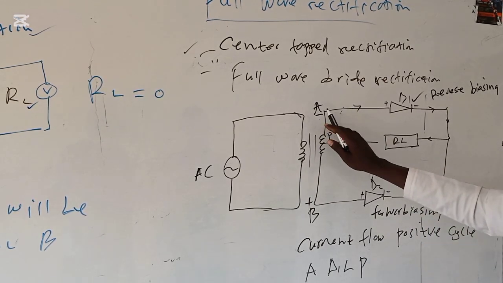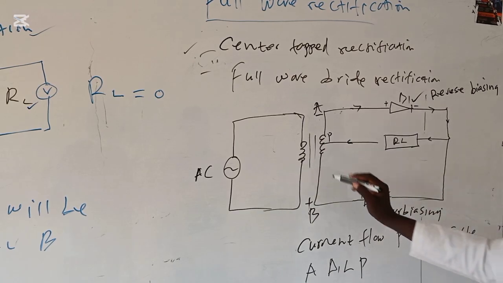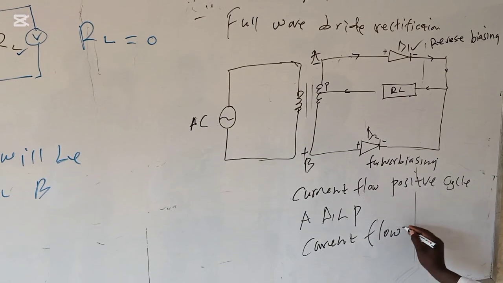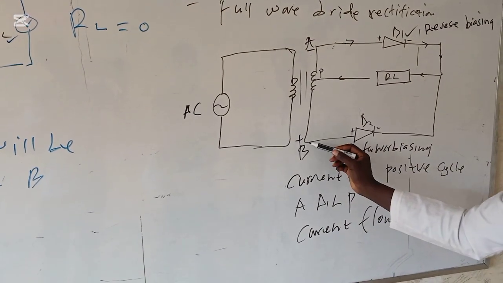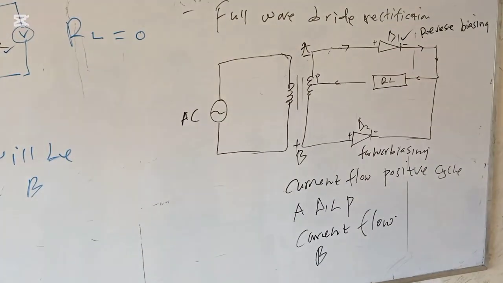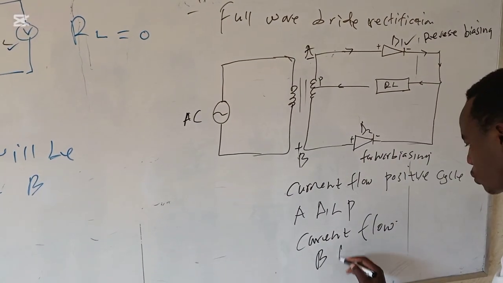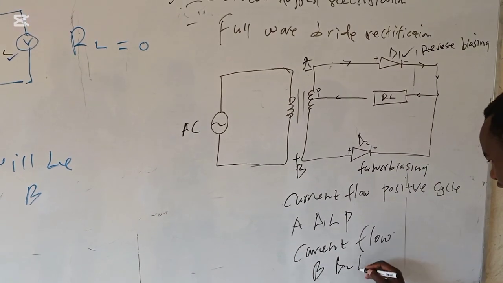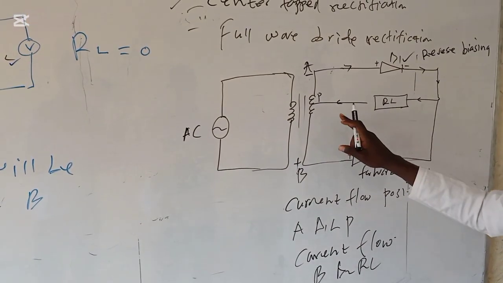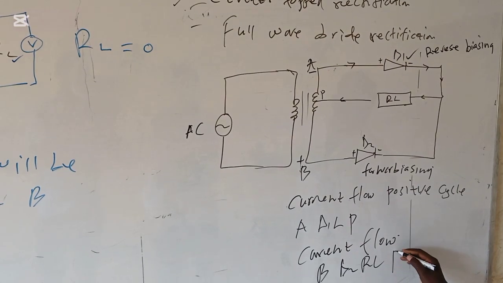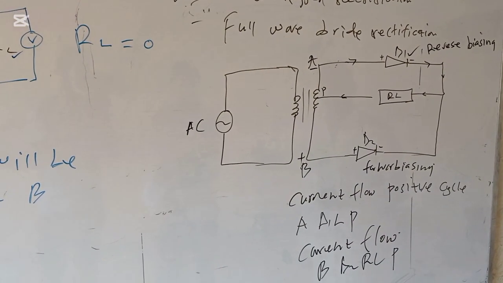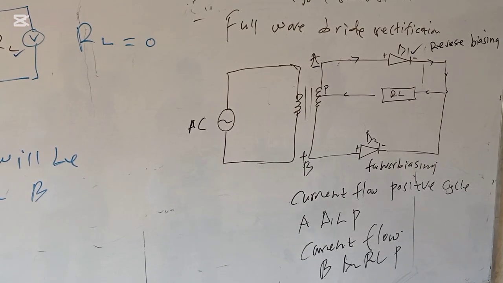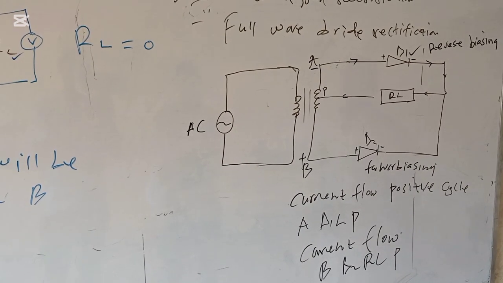The current will not flow in that direction. The current flow will be from point B through our diode D2, then through our load resistor RL, then back to the transformer at terminal P. We say that this is the center tap full wave rectification.